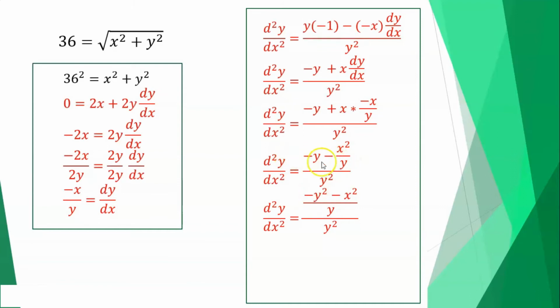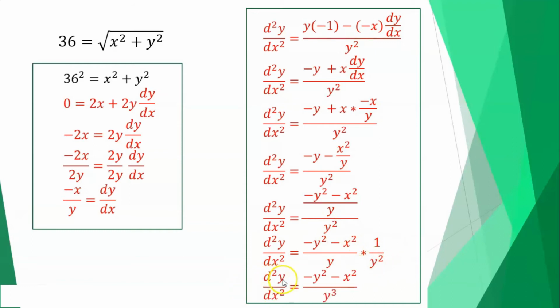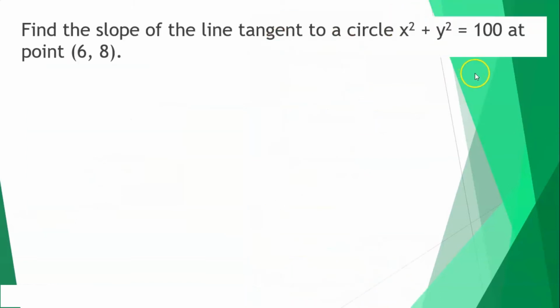Cross multiply this, it becomes negative y squared minus x squared over y, then all over y squared. So get the reciprocal of the denominator, then multiply. The reciprocal of y squared is 1 over y squared. Simplifying further, this would become negative y squared minus x squared over y cubed. This is the first and this is the second derivative. So take note of that.